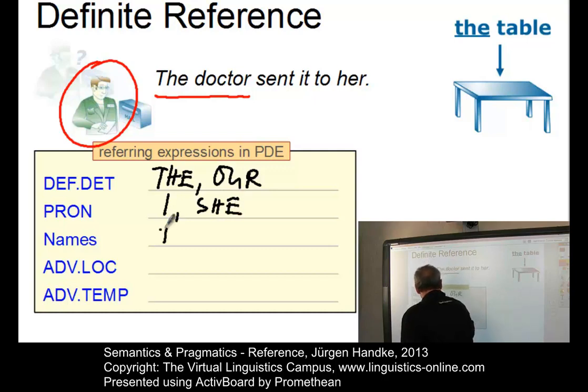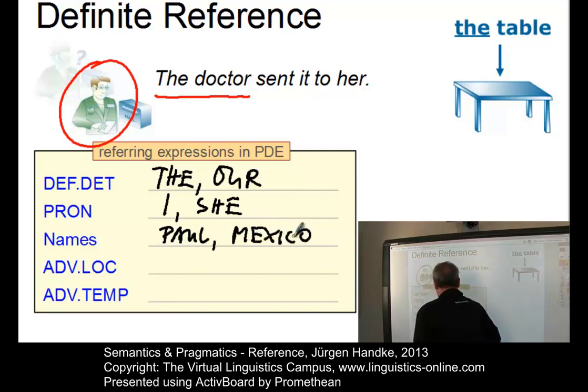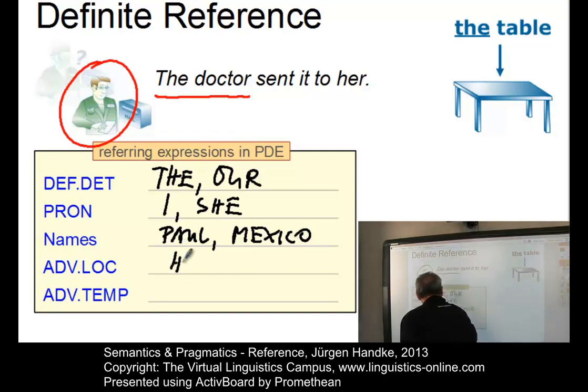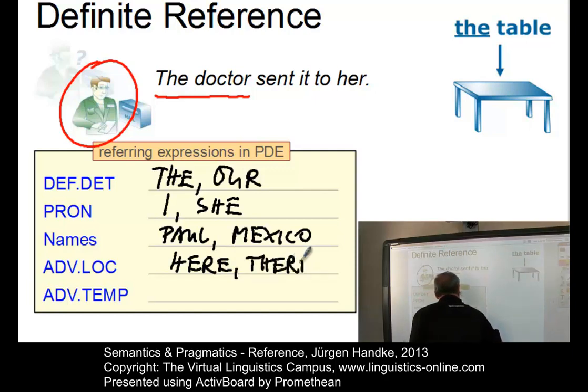Names such as Paul or Mexico. And then we have locative adverbs such as here and there. And temporal adverbs such as now or yesterday.